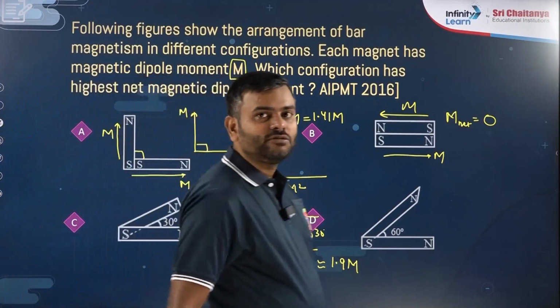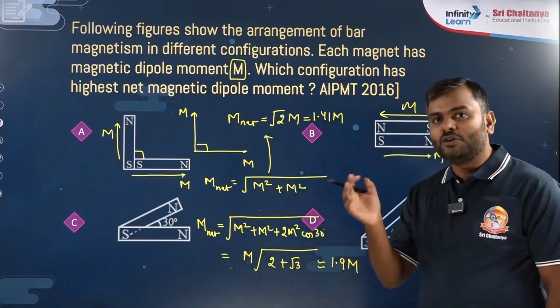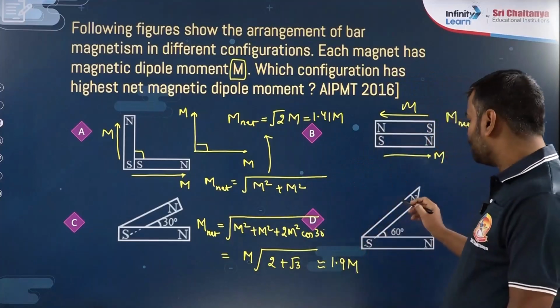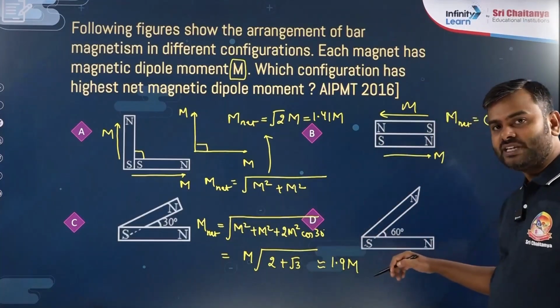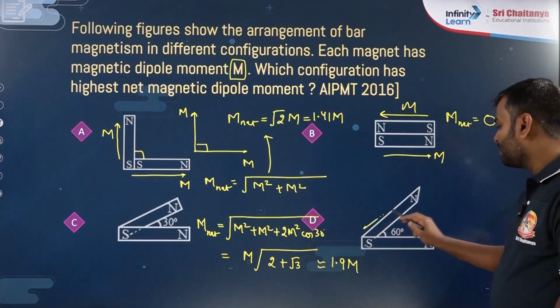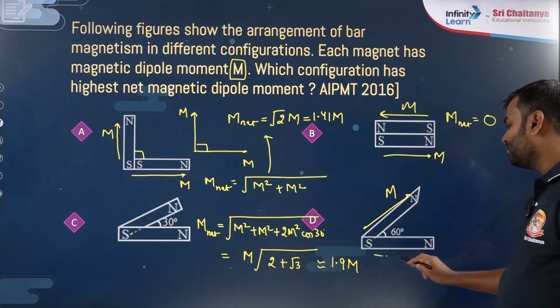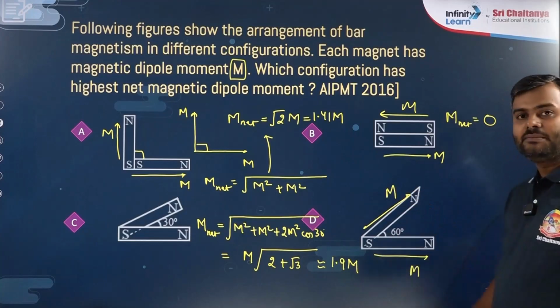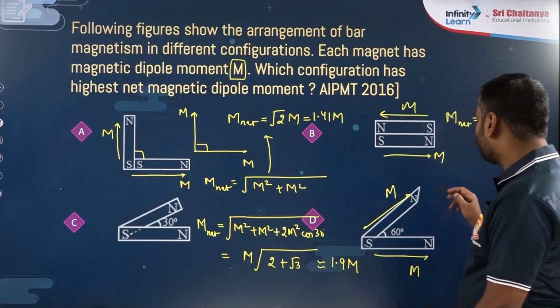Now the last one we have to check, and then we will be able to tell which one has the highest magnetic moment. In the last magnet, the orientation is 60 degrees. This will have a magnetic moment here, and this will have a magnetic moment here, and the angle between them is 60 degrees. So what will be the net magnetic moment?